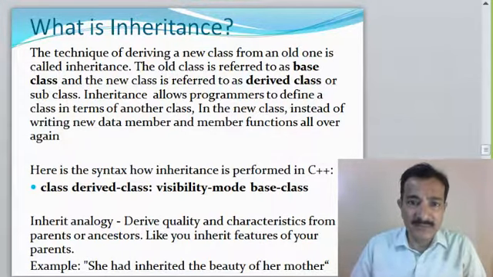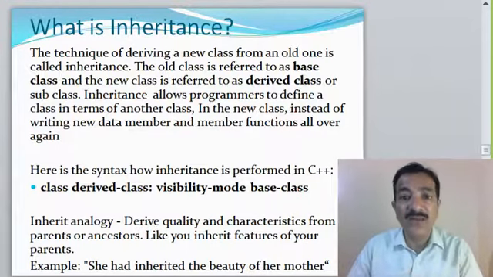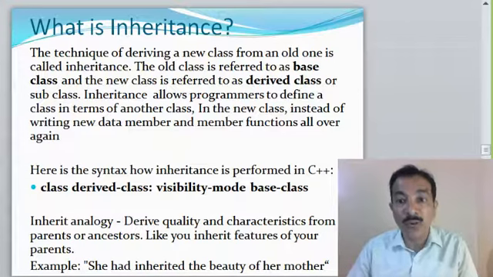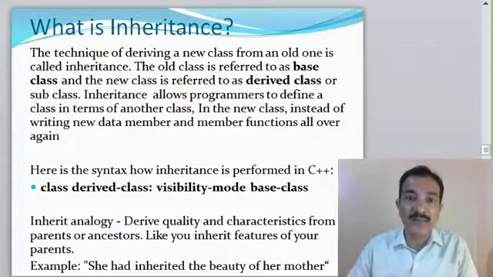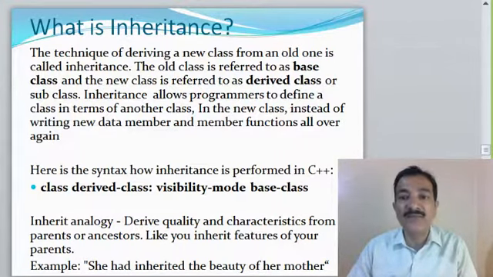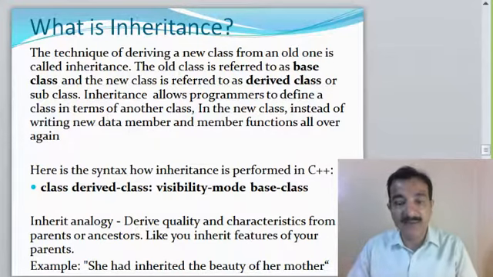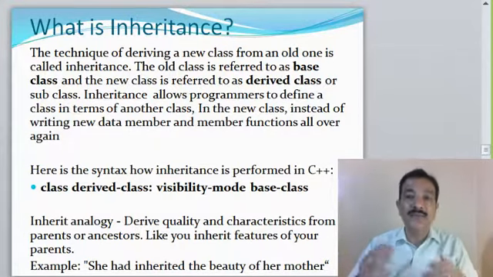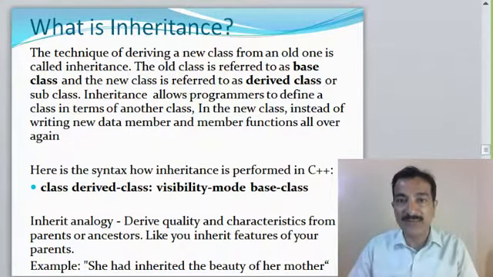What is inheritance? The technique of deriving a new class from an old one is called inheritance. The old class is referred to as the base class and the new class is referred to as a derived class or a subclass.